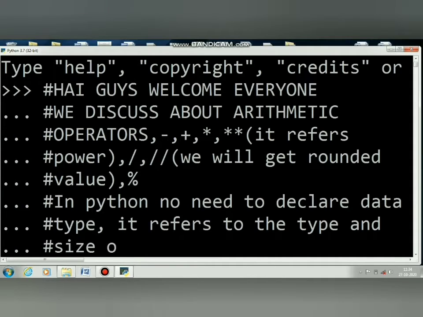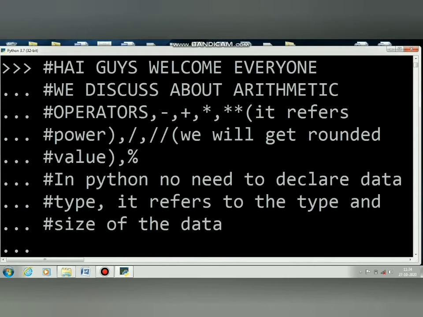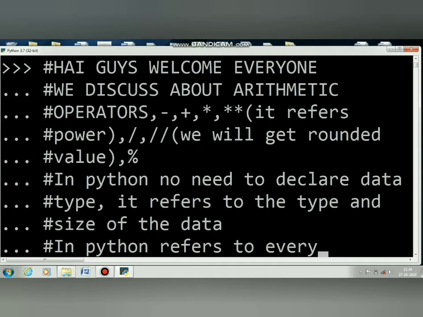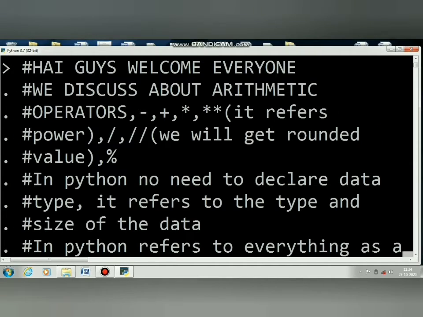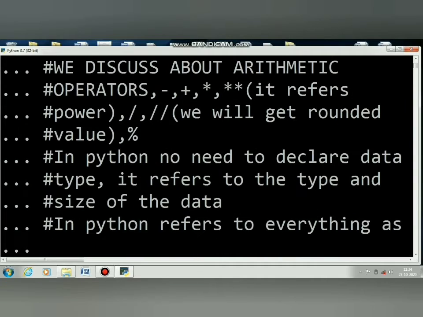It refers to the type and size of the data. And one more advantage of Python: if any variable is redeclared, the current value of the variable that we used will be considered. So this is one type of advantage of Python.